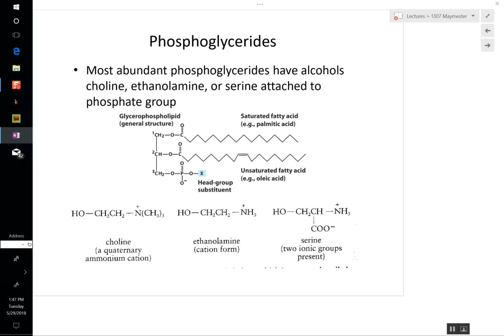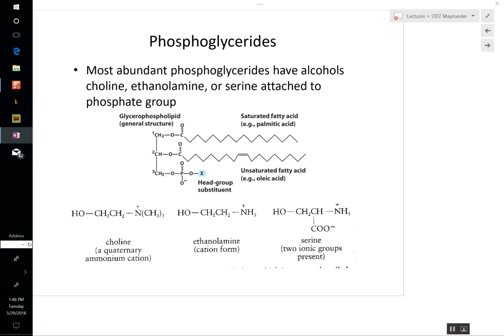Another possibility for X is ethanolamine. So imagine X is this molecule, and you've got an amine. This H would be gone, this O would be that O. So imagine, boink, you pop this up into there, and that is your OX group right there. Serine, the amino acid serine, you put it on there, and you have another phosphoglyceride.